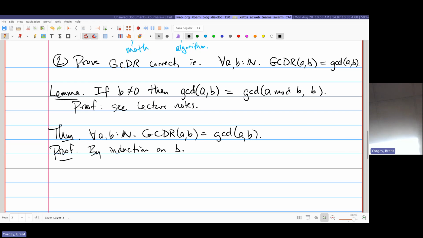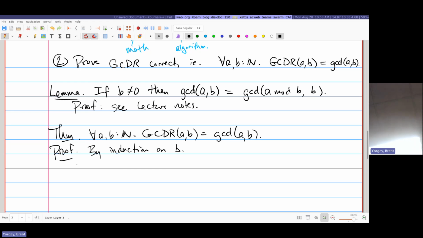If for any inputs it equals the mathematical GCD, it has to stop, so our proof shows that it terminates as well. But I did it this way because it's often useful to separate out those arguments.